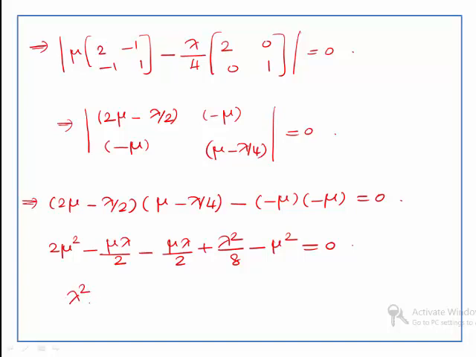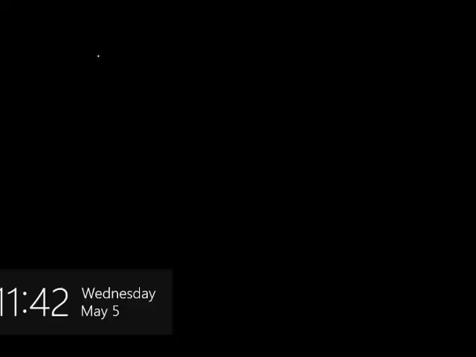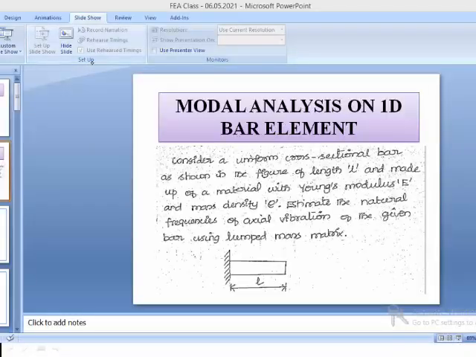Lambda square by 8 minus mu lambda plus mu square is equal to 0. So இதில் இருந்து lambda ஓட roots எடுத்தோம் அப்படின்னா using the root formula minus b plus or minus root of b square minus 4ac divided by 2a அந்த formula எடுத்துக்கலாம்.